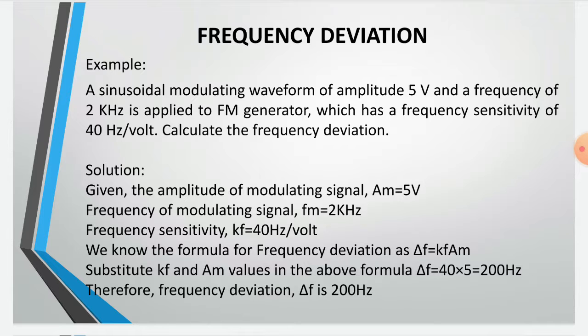Frequency sensitivity kf is equal to 40 Hz per volt. We know that the formula for the frequency deviation is delta f equals kf Am. Substitute the kf and Am values in the above formula. Then we will have the frequency deviation 40 times 5, which equals 200 Hz.